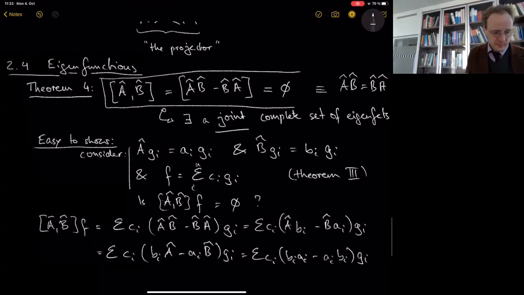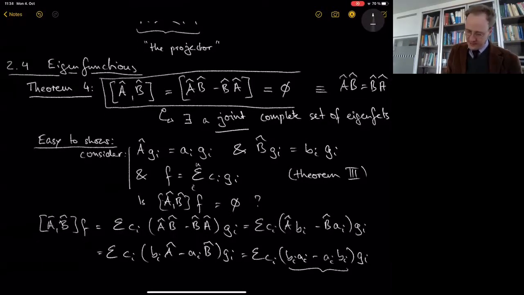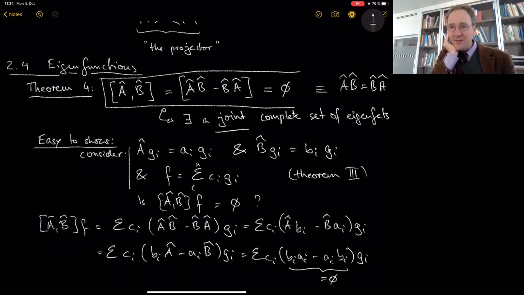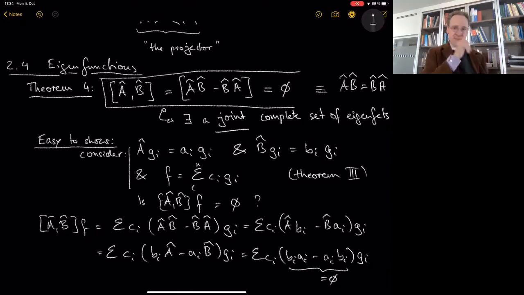Right? And that thing here must be 0, right? So if they have indeed the same eigenfunctions, you basically can factor them out from the commutator, and then the order of multiplication of the eigenvalues doesn't matter, and so it must be 0. Right? If they had not the same eigenfunctions, you couldn't factor them out like this. Right?